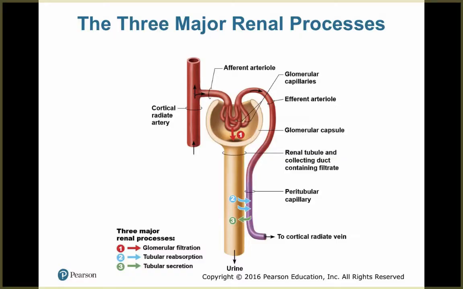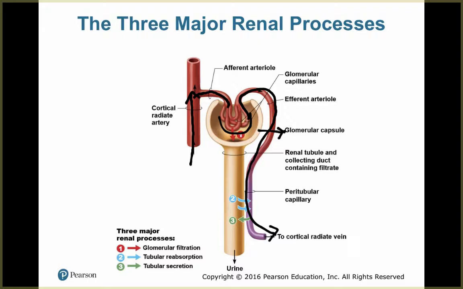So you see here in the red, we have this cortical radiate artery coming up into the afferent arterioles, and then you can see it's over here in the glomerulus, and the water and everything else will be transferred into the glomerular capsule, right? Now, whatever doesn't get filtered will go off to the cortical radiate vein, right?